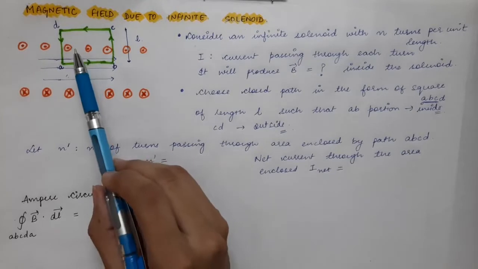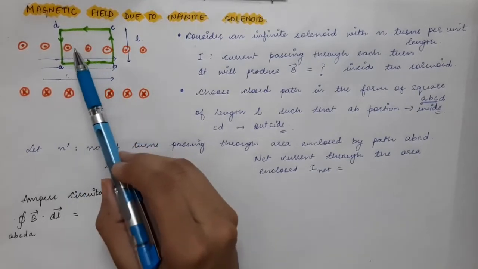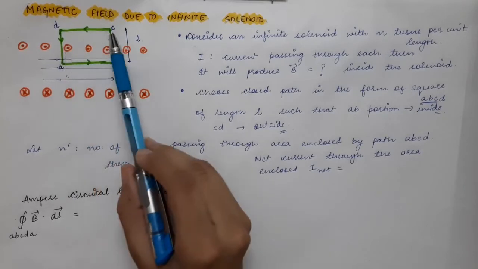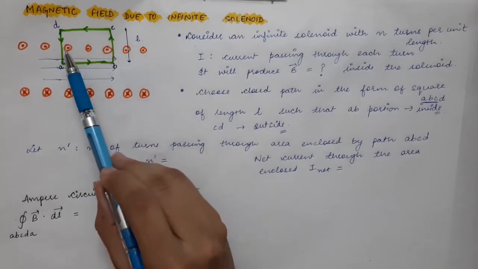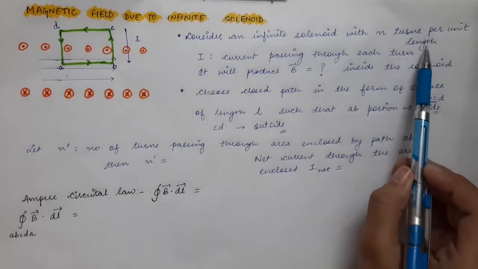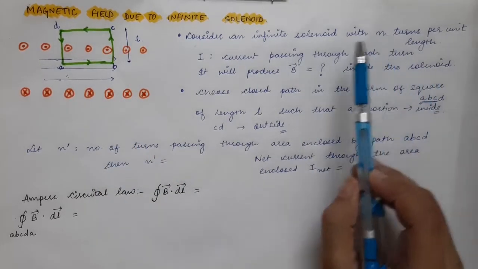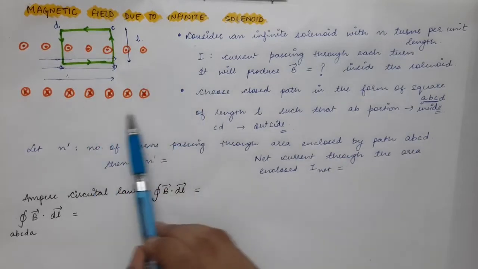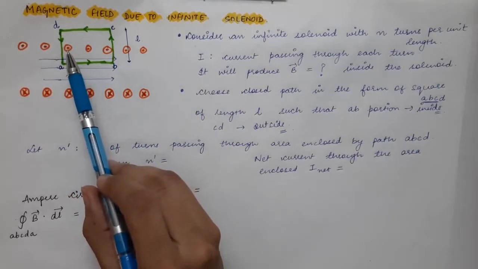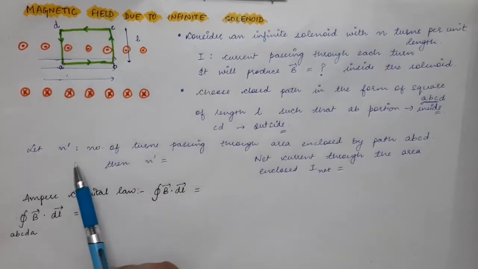Let's suppose that n prime number of turns are present in this closed path. So this closed path will enclose some of the turns of the solenoid. The number of turns in unit length is equal to small n for this infinite solenoid, but in this closed path, only n prime number of turns are present.